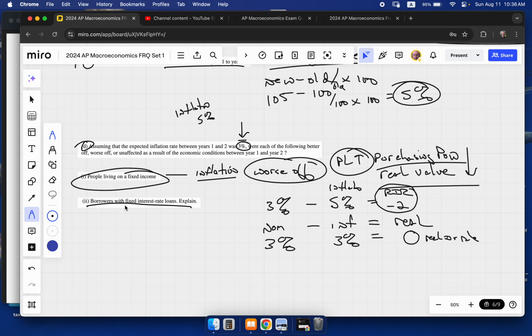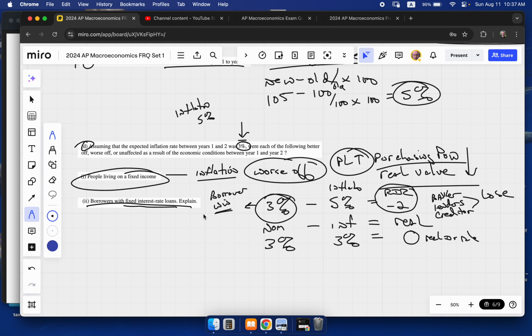So if it's a fixed interest rate of loans, the way we say this is that bankers, lenders, creditors, all these different ways that they like to say this just to be tricky, these guys lose. But at the same time, we would say that borrowers on the other side would win. And they win because they borrowed the money when interest rates were low.